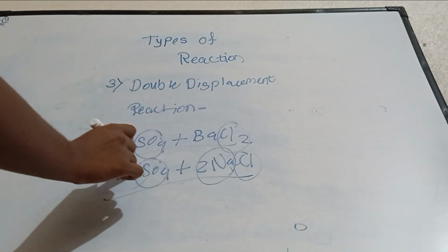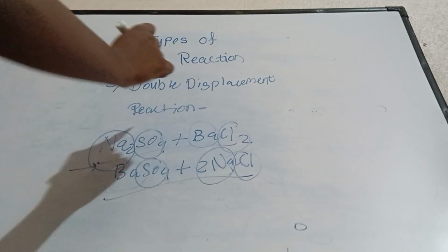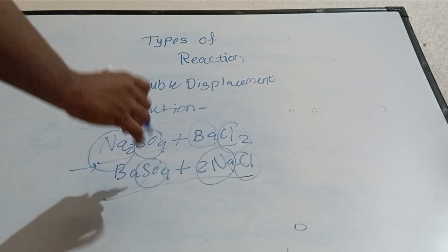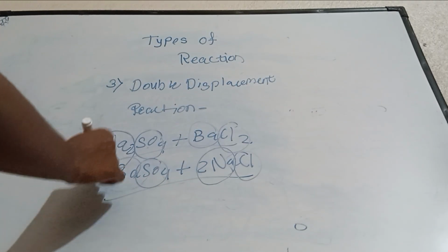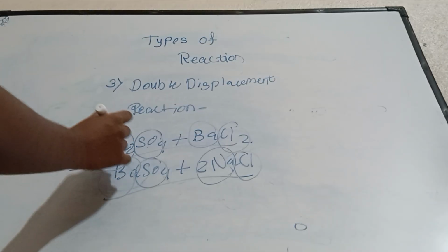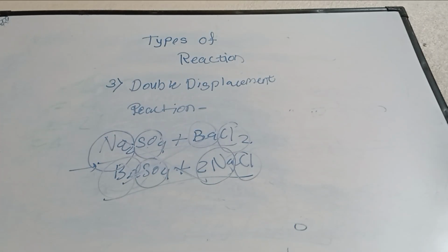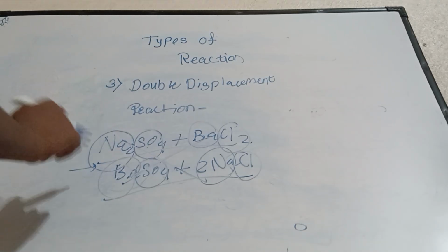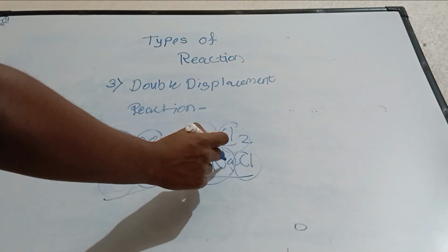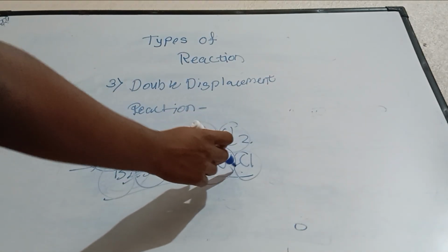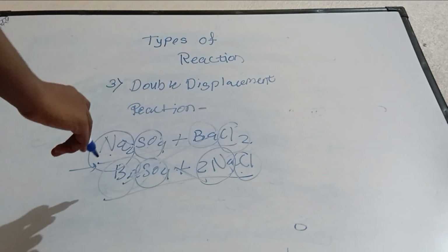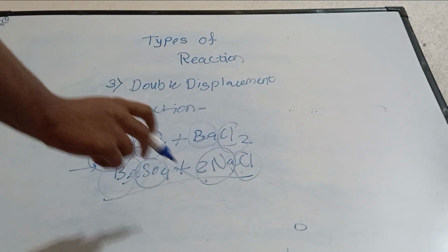Same here, Ba was with chlorine, but it got attached with SO4, which is the inverse. So here two Na attached to Cl and Ba attached to SO4.